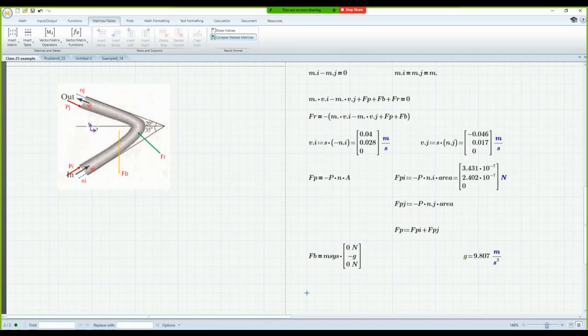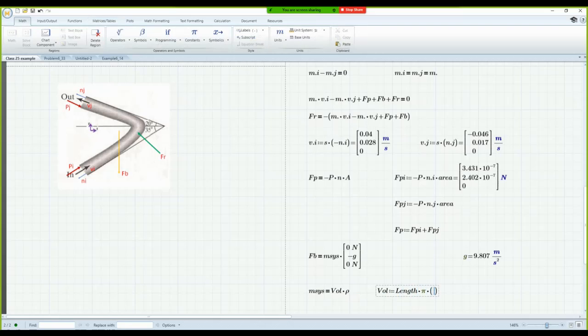So we need the mass of the system, and the mass of the system in this case is going to be equal to the volume of the system times the fluid's density. So the volume is going to be equal to the length times pi times d over 2 squared, right?